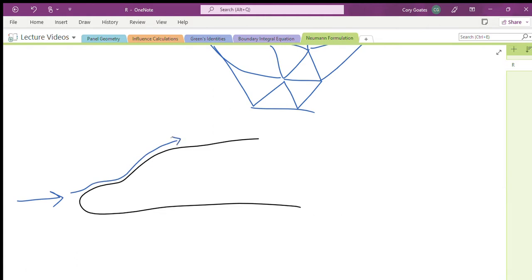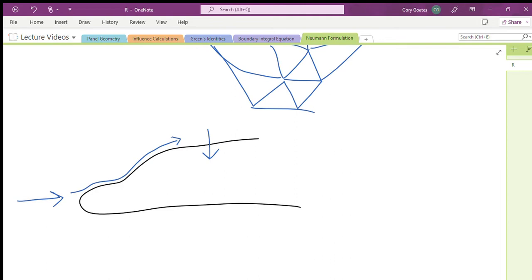What I want is the velocity on the surface of this to be tangent to the surface. I don't want any flow going into it. And unless we've got engine inlets or exhaust or anything like that, we want to say that the configuration surface is impermeable.